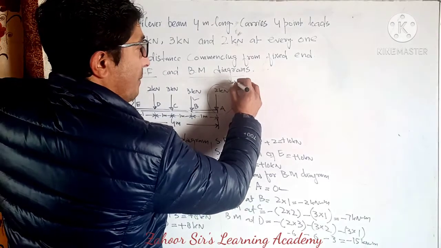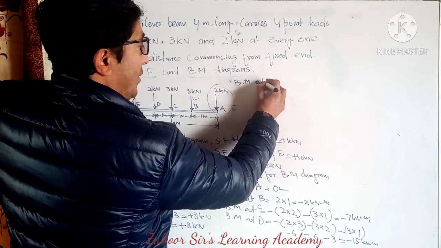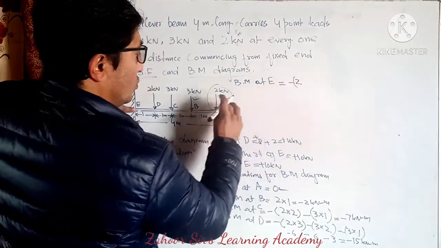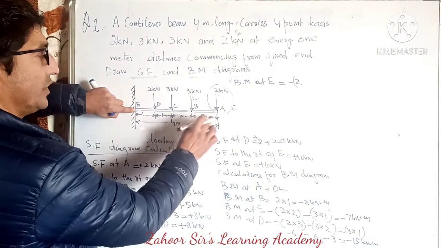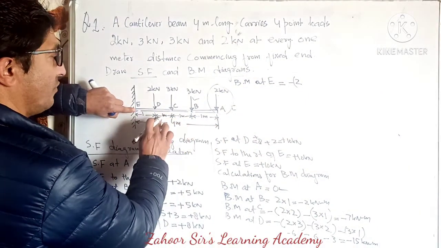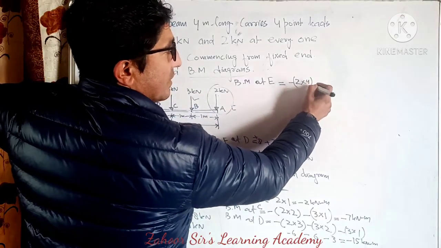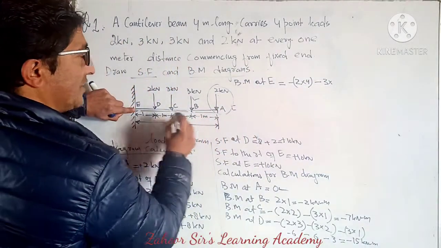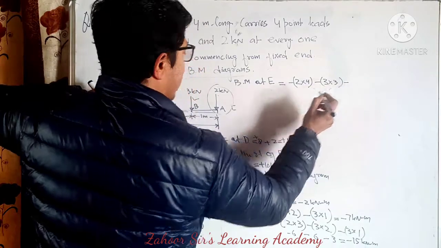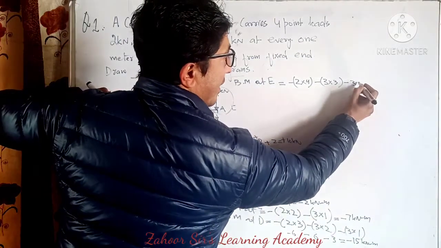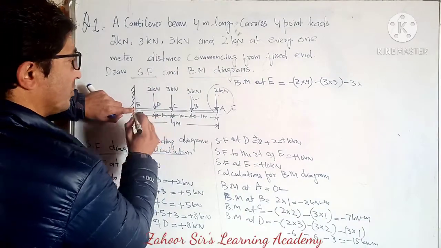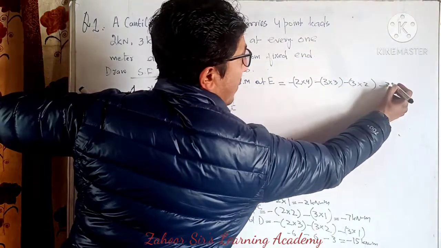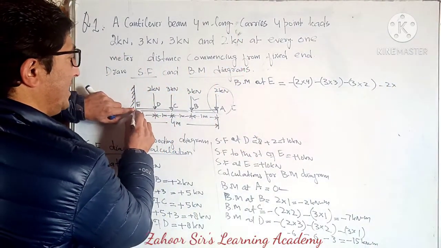So that means bending moment at point E. It's going to be this one, 2 into its perpendicular distance up to point E. That is 1 plus 1 plus 1 plus 1, that's 4. Minus, this is done, then 3 into its distance, that's 3, minus this 3, its distance up to this point, that's 1 plus 1, that's 2, and then this 2 into its distance up to E, that's 1.